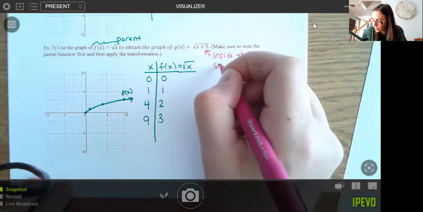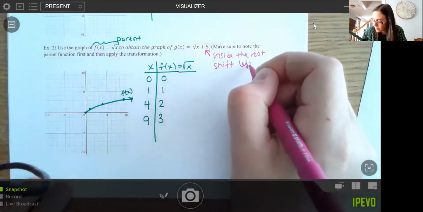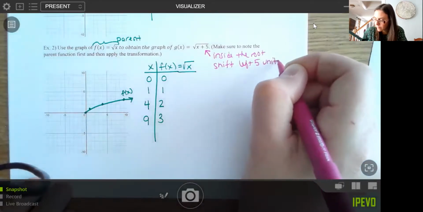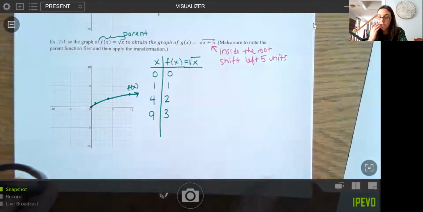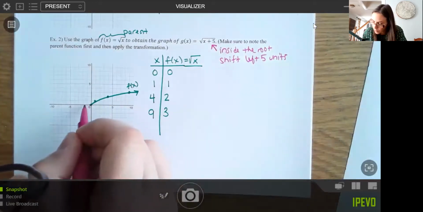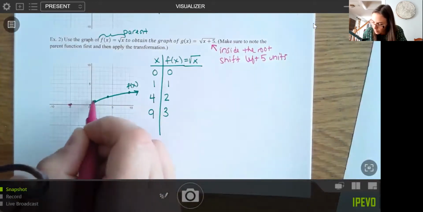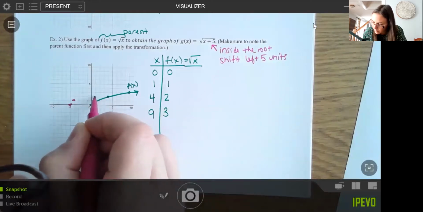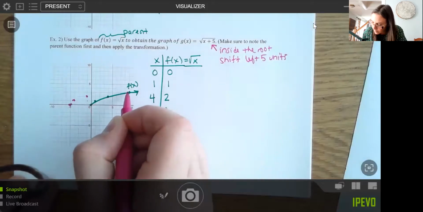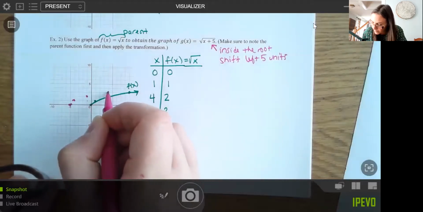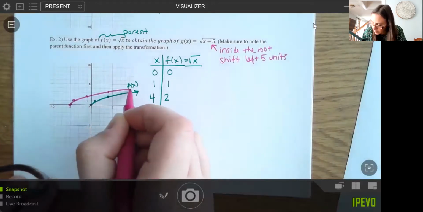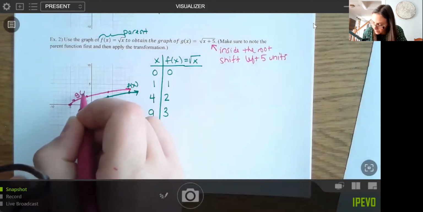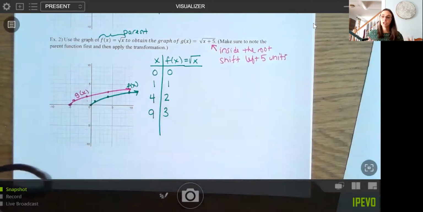So we are going to shift left 5 units. And I'm just going to count over. So 1, 2, 3, 4, 5. 1, 2, 3, 4, 5. Okay. And then there would be my g of x function. They're going to have the same basic shape, but it's just that we're shifting the graph around here.